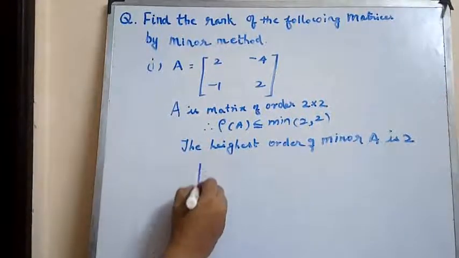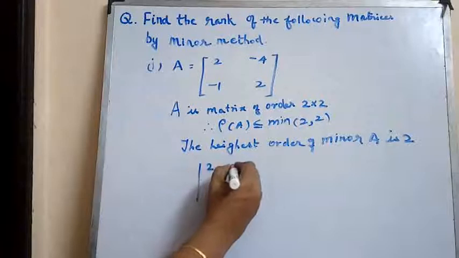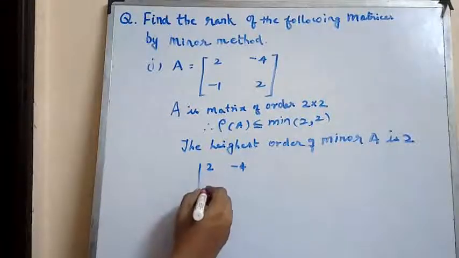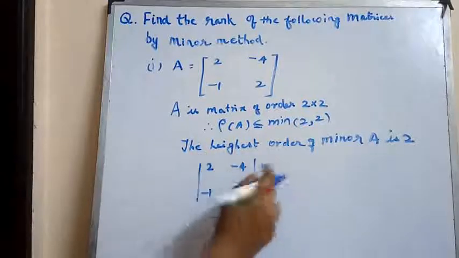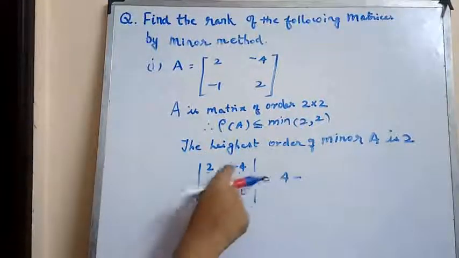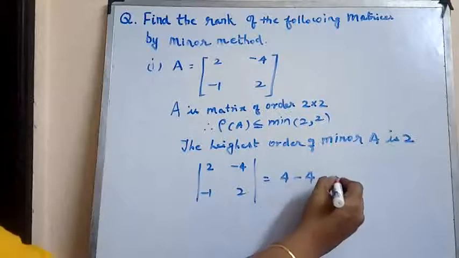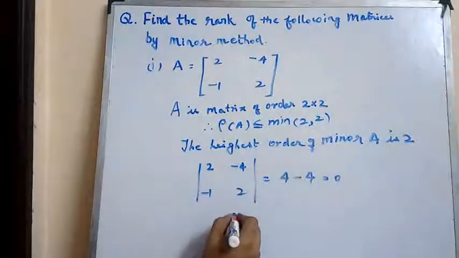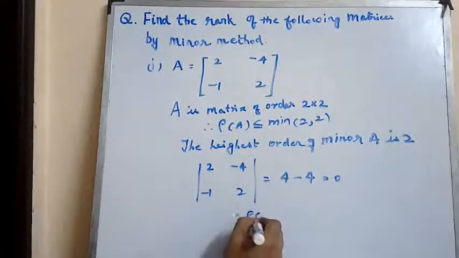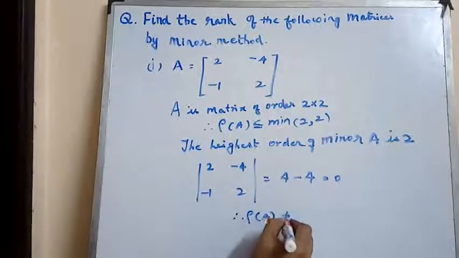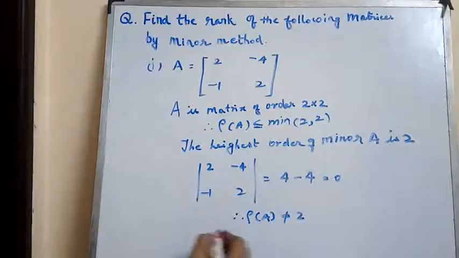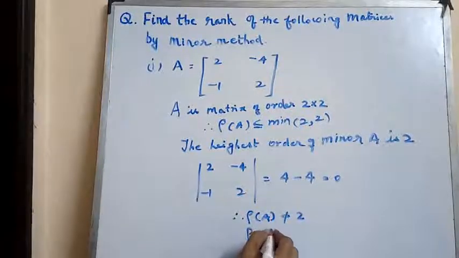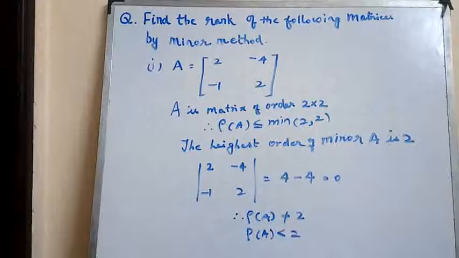So we have to find the determinant value of this highest order matrix. So 4 minus 4, which is equal to 0. Therefore, rank of A is not equal to 2. So it should be less than 2.